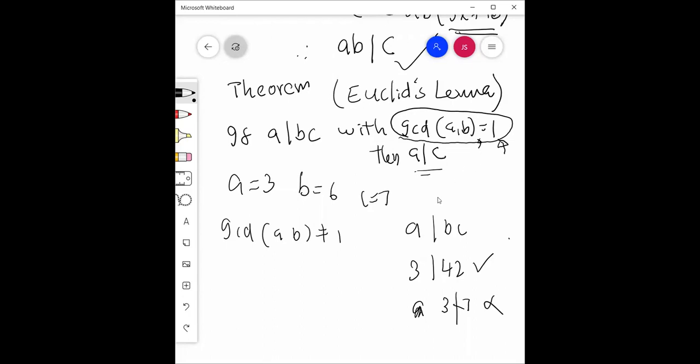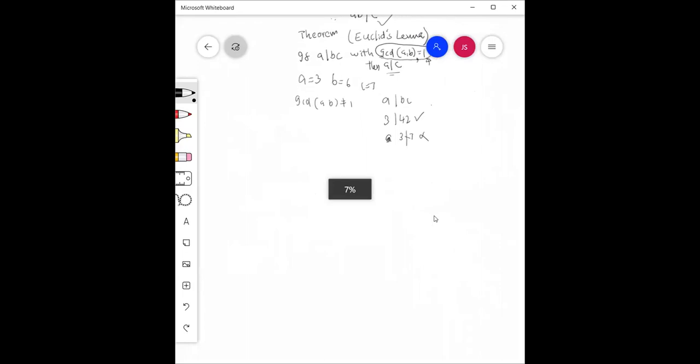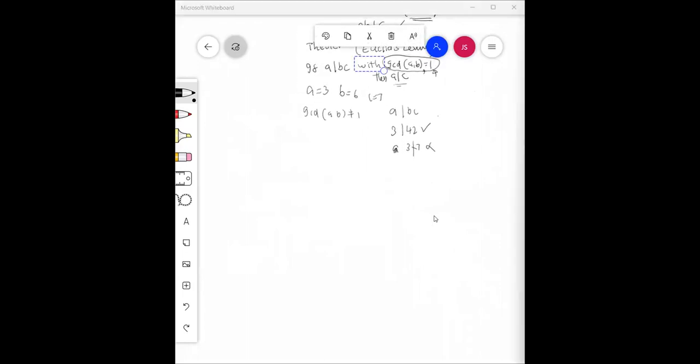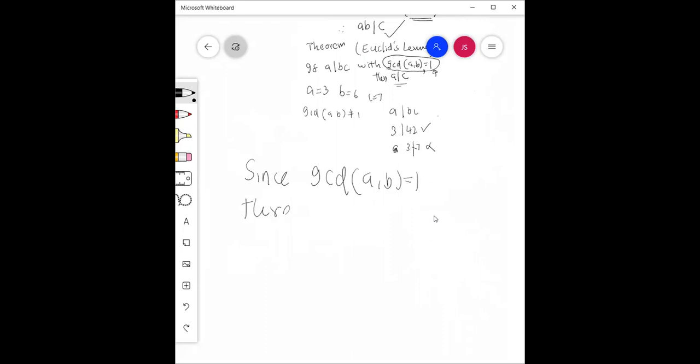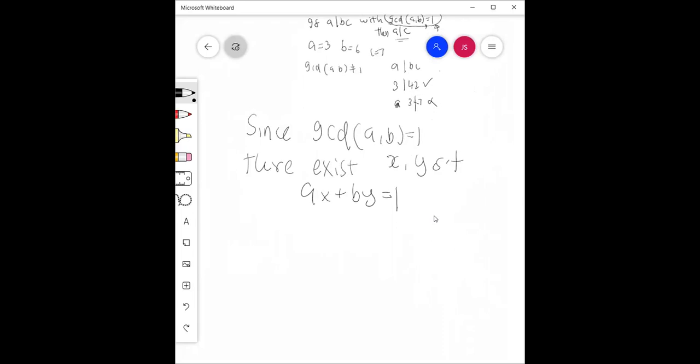Good. Okay, so now let's prove the theorem again, Euclid's lemma. It's a very easy proof, easier than the earlier one. Since GCD of A and B equals 1, there exist X and Y such that AX plus BY is equal to 1, right? Therefore, if we multiply both sides by C, C is equal to ACX plus BCY, right?